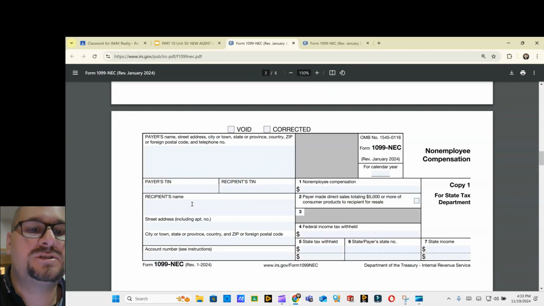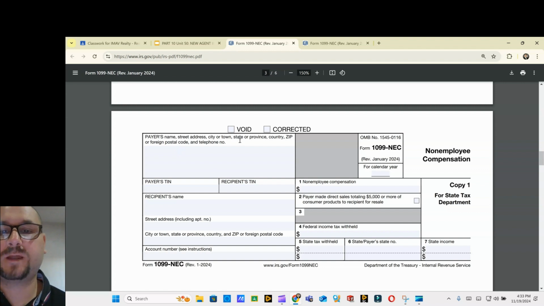It'll have your payer's TIN, your Social, recipient's TIN, payer's name, street address, city or town. It'll have how much you were paid, nonemployee compensation, payer made direct sales totaling $5,000 or more of consumer products for resale. If they check that box, Form 1099-NEC, you should be getting this from your broker.